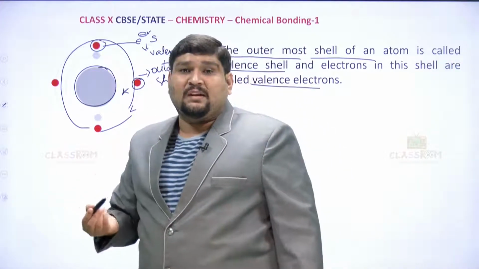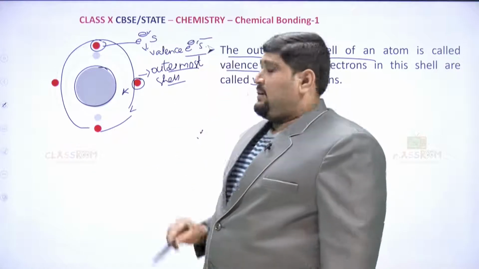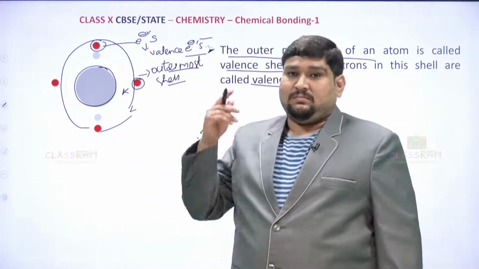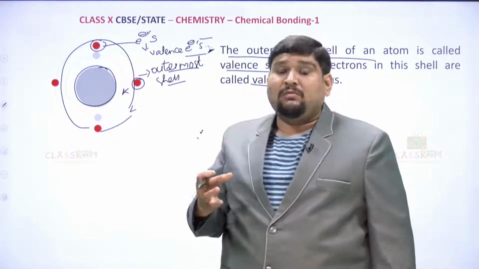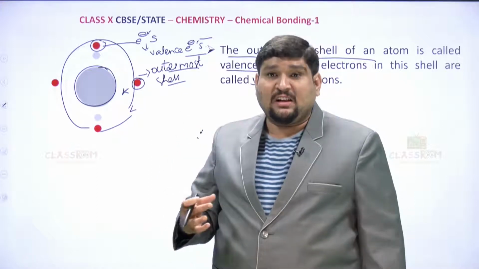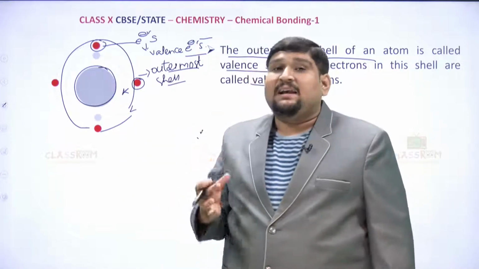As you know, electrons are denoted by e minus. So the number of available electrons in the outermost shell is defined as the valence electrons.